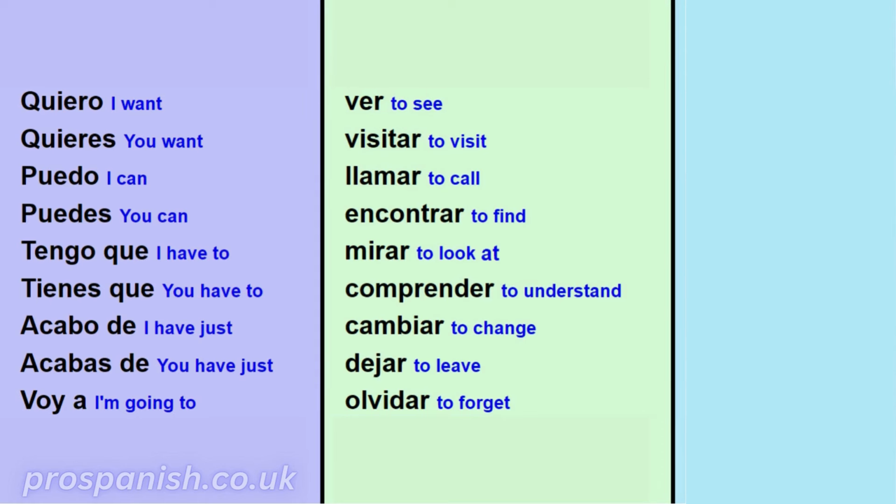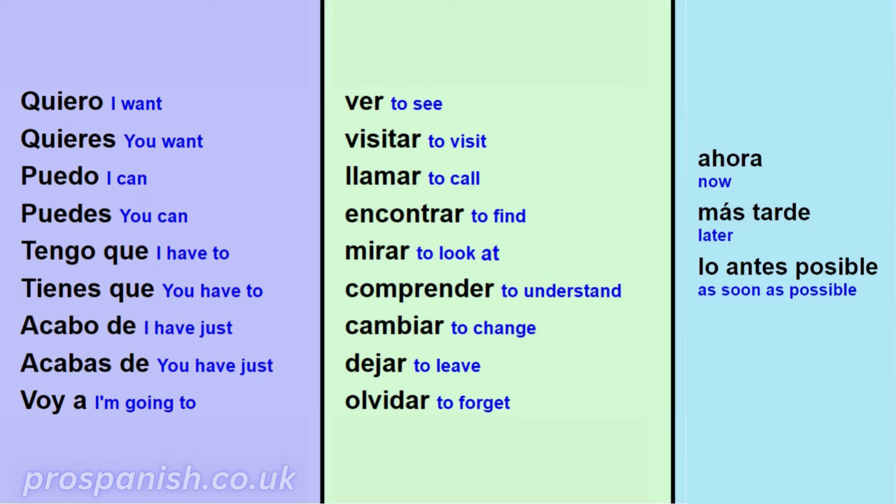Okay, let's go to our final column, a few time phrases. So we'll start off with ahora, now. How would you say to leave it now? Dejarlo ahora. And later is just more late.